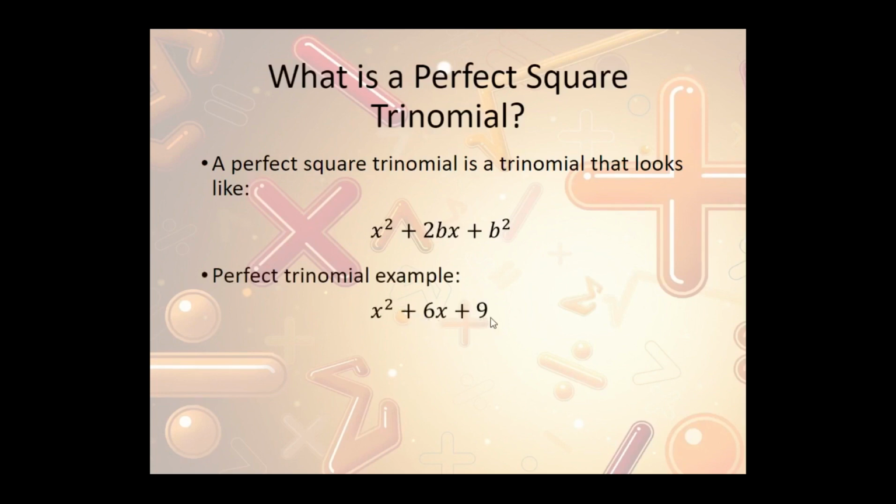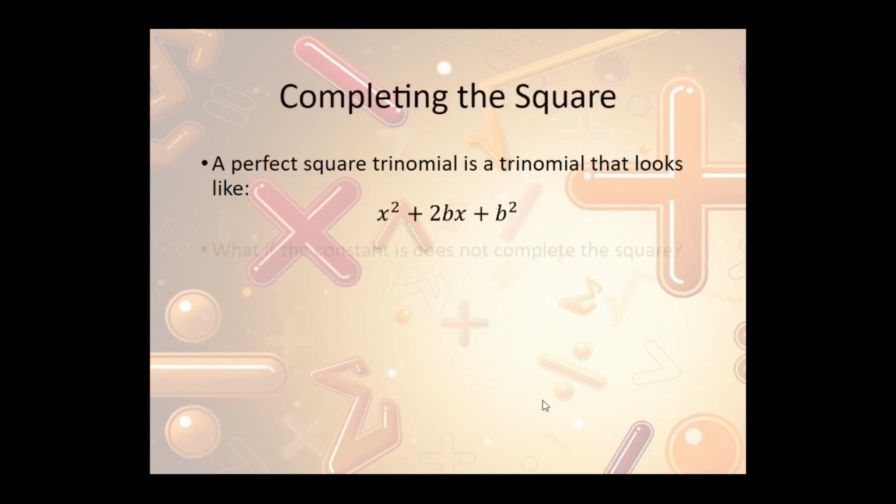We know that 9 is 3 squared, and 3 times 2 is 6. So this is a perfect square trinomial. When we factor this, we recognize that this becomes (x plus 3) times (x plus 3), or (x plus 3) squared. We'll look at another example.